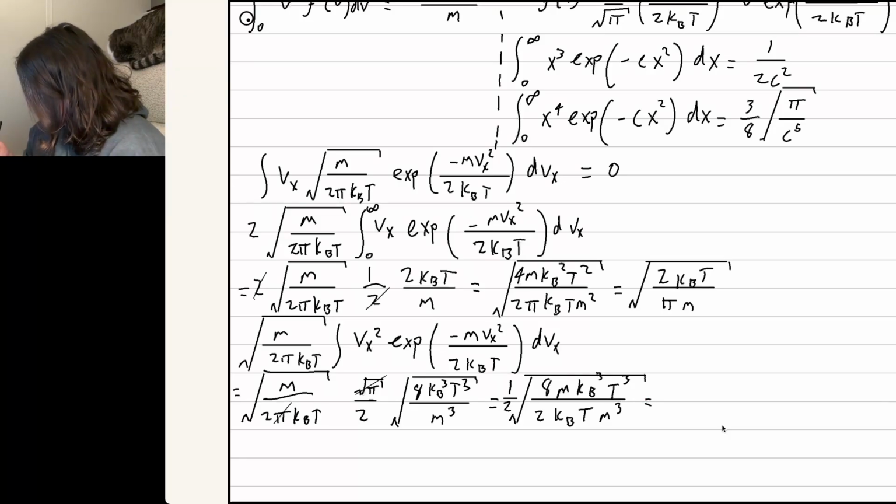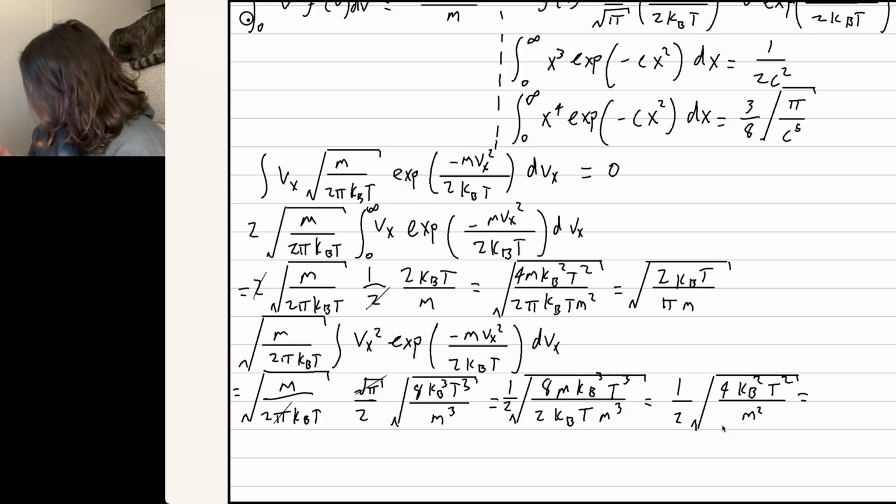So you'll end up with a 4 kb squared t squared over m squared.